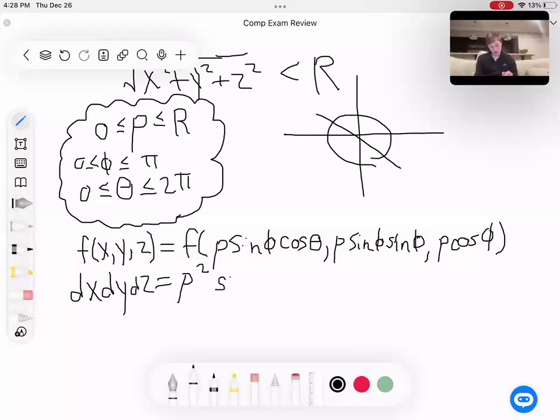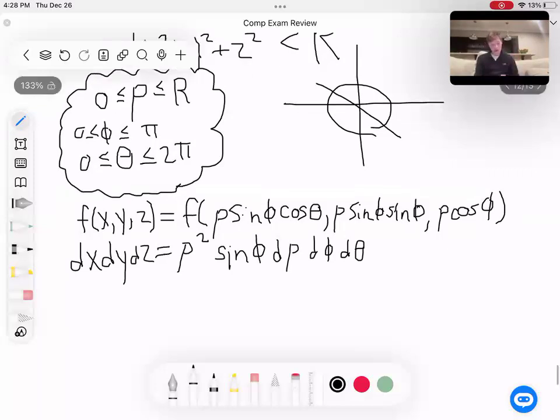This is something that I have memorized, but if you don't, you can also use the determinant of the Jacobian to compute this. Awesome. So what this is all going to turn into is the following integral.